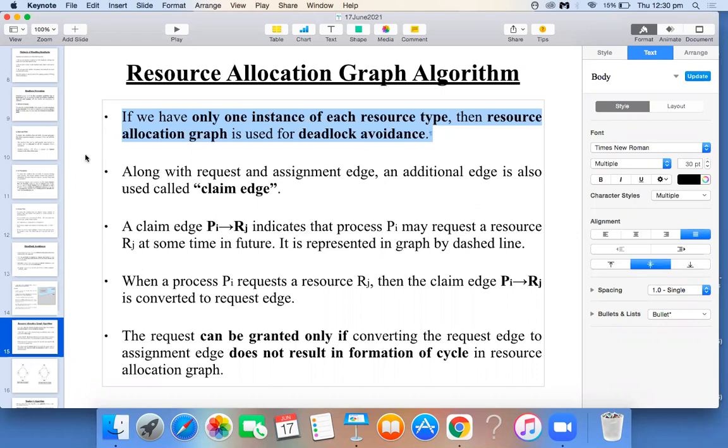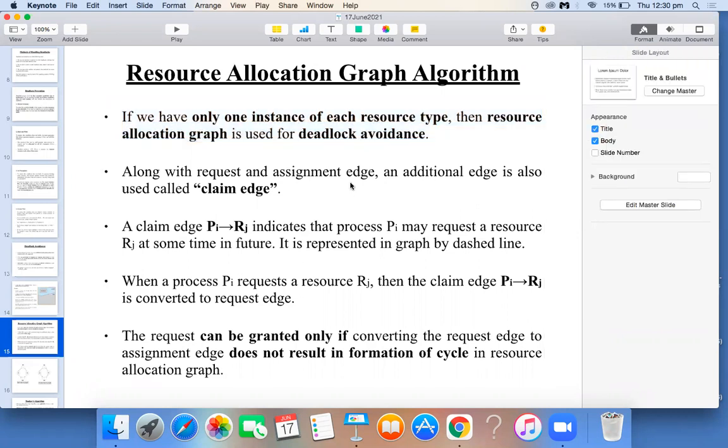Can anybody unmute yourself and tell what a resource allocation graph is? What does that graph say? Please unmute yourself and tell.